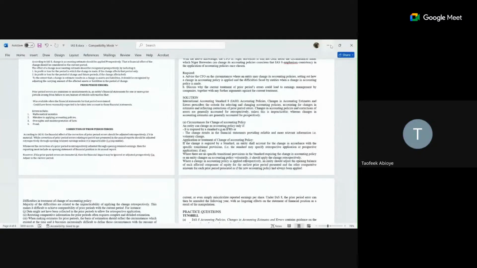Firstly, what you are saying is two conditions. Number 1, there are 5 conditions that must be met before we can recognize an asset as a non-current asset held for sale. If you are given a standard accounting question, they may not necessarily give you all these 5 conditions. However, if the organization has not been able to meet any of the conditions, they will let you know that this particular condition has not been met.